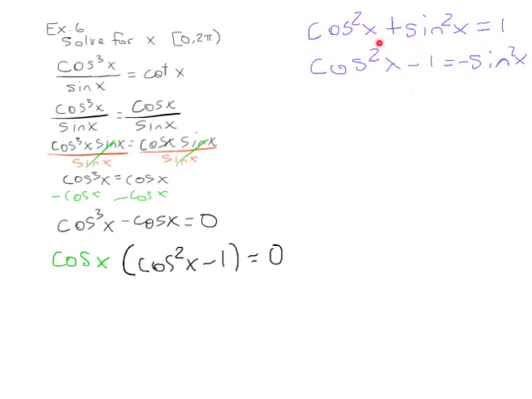And if you'll notice, cosine squared x minus 1 is what I have right here. So let's rewrite the bottom guy again: cosine x times negative sine squared x. And we got a stray little negative in there. Let's just rewrite this.